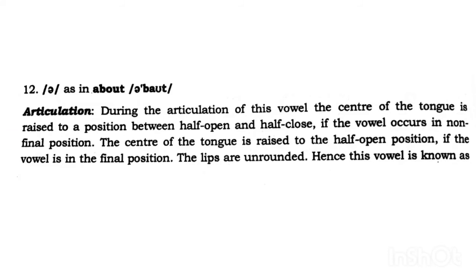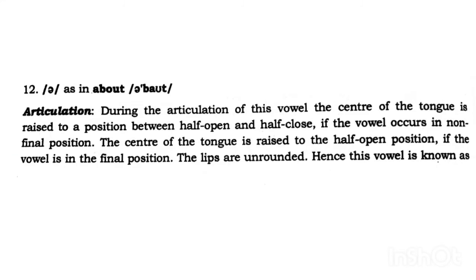This is the last central vowel that we are going to see today, that is ə, as in about. Coming to the articulation, during the articulation of this vowel, the center of the tongue is raised to a position between half open and half close.